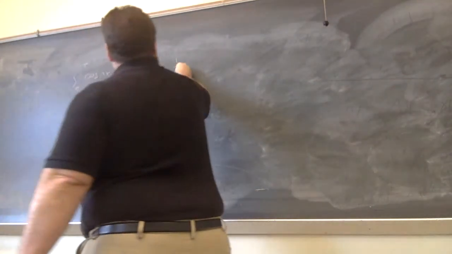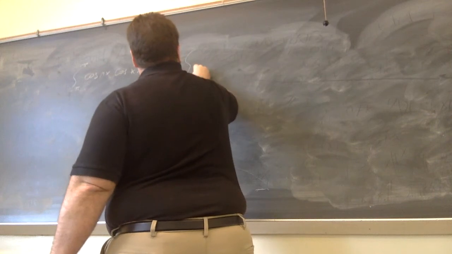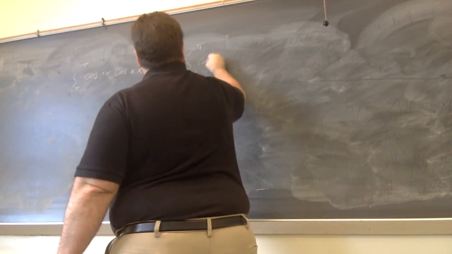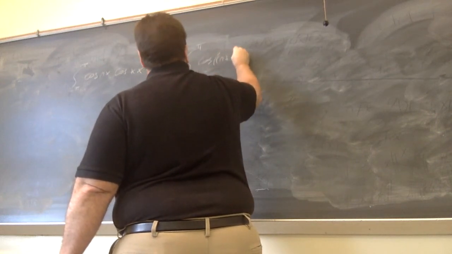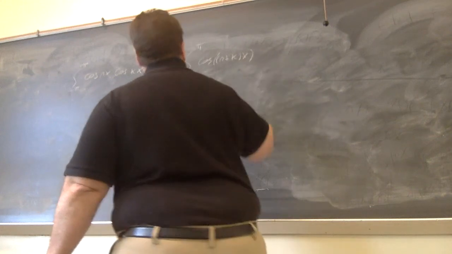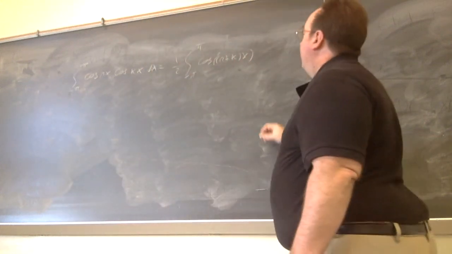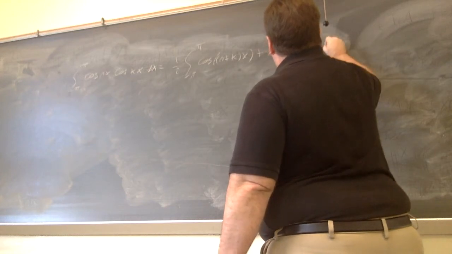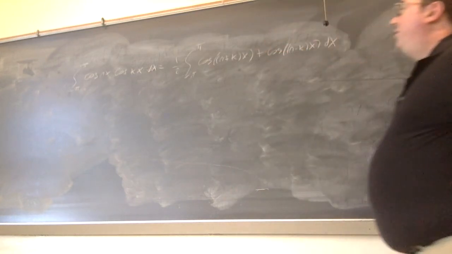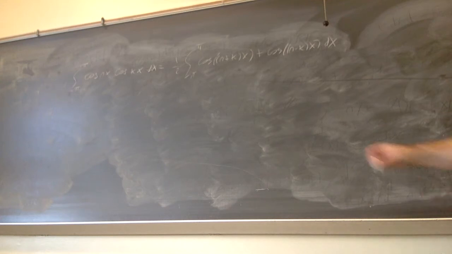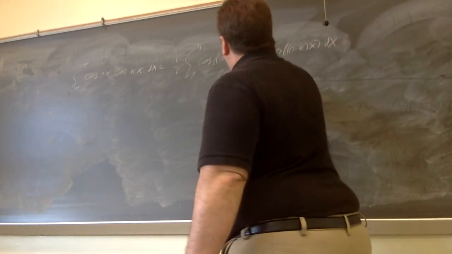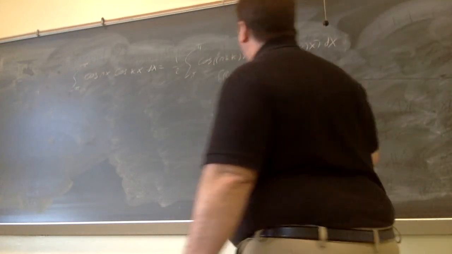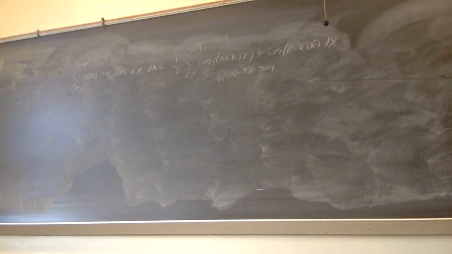Because you can write it as 1/2 the integral of cosine (n plus k)x plus cosine (n minus k)x dx. So that product to sum identity gives you that. And you have cases for product of cosines, product of sines, or sine with a cosine. They're all covered.